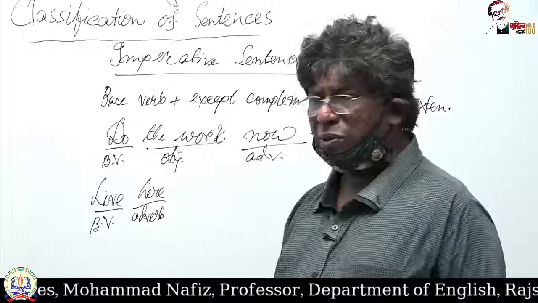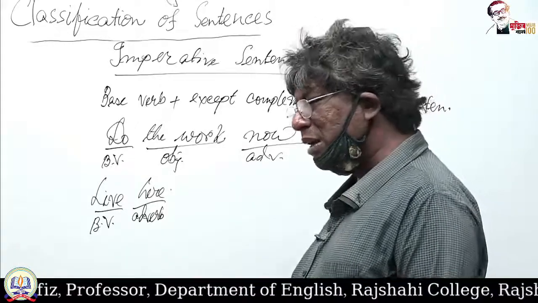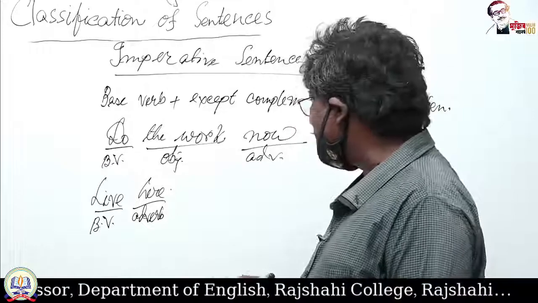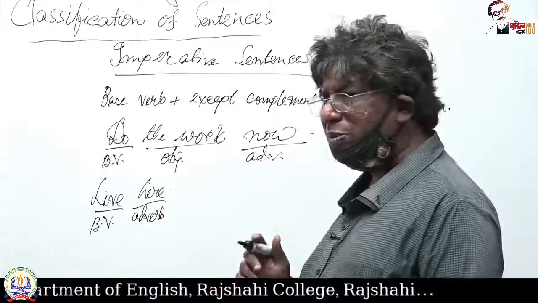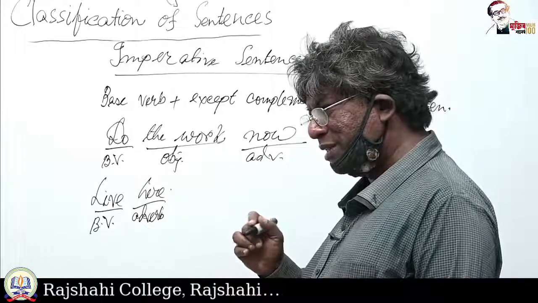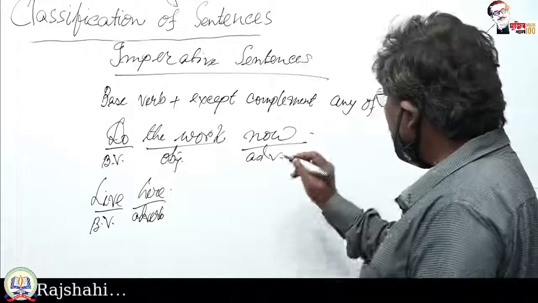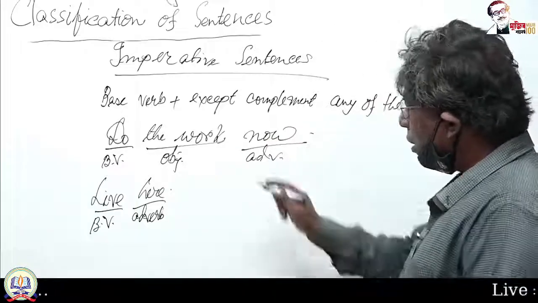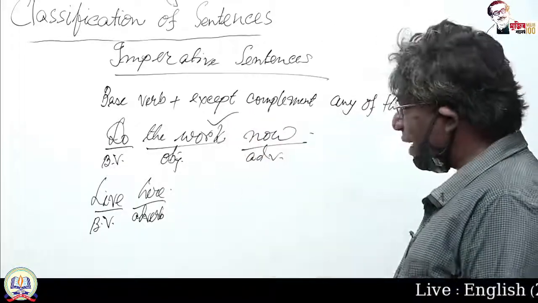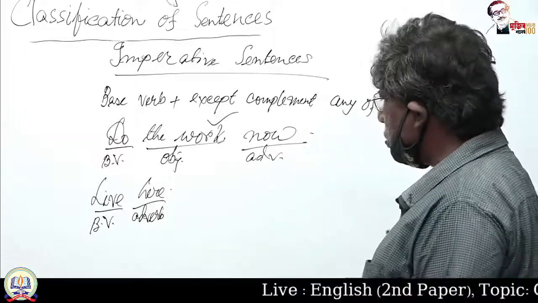Well, you see, I told in a previous class that the objects can be made the subject of the passive form of the sentence. Thus, I have identified the work as the object of the sentence. Do the work now.